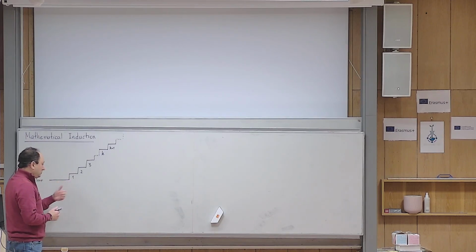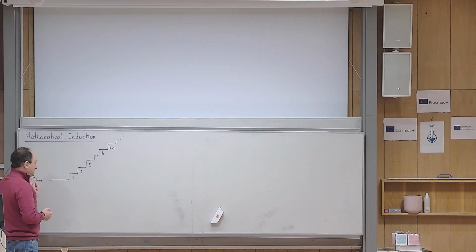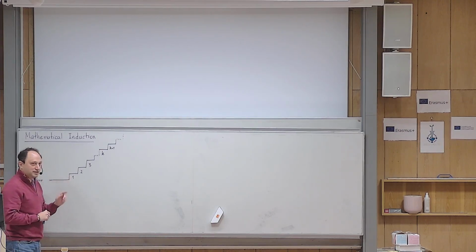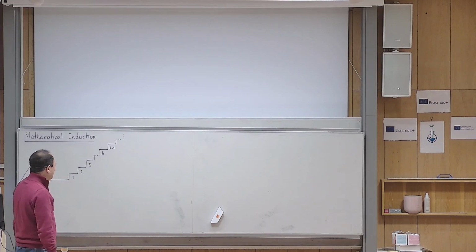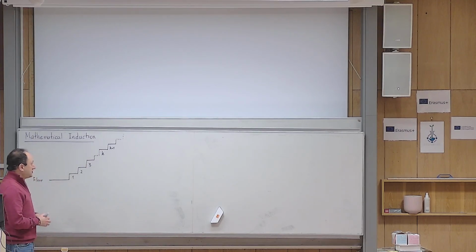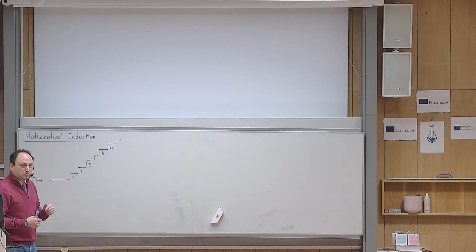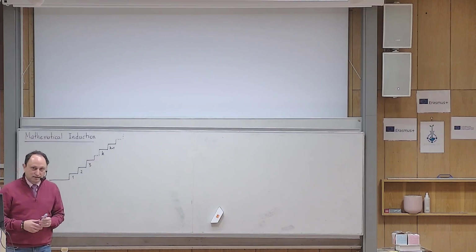So on the catalog, it is written that if you put this toy on the floor level, this toy can climb the first stair. This is guaranteed. And the second thing they are guaranteeing you is that if this toy is on any stair k, we guarantee that it can go to the next stair at least.